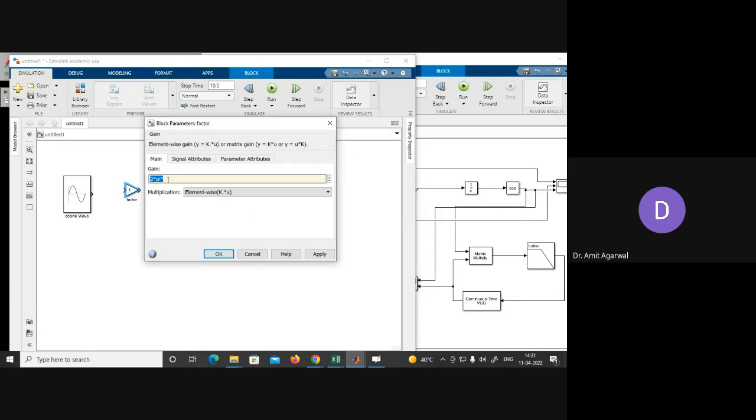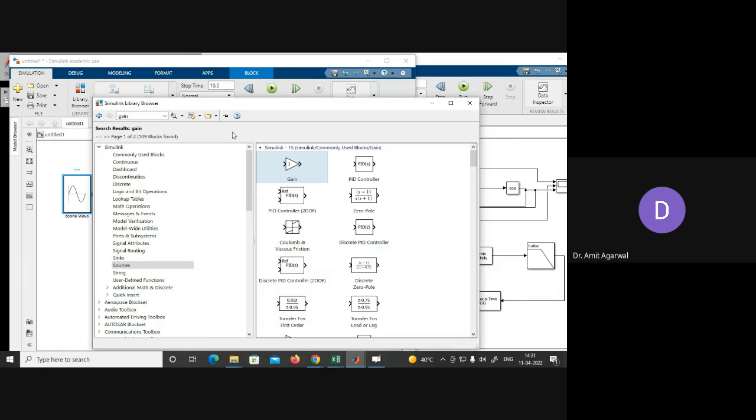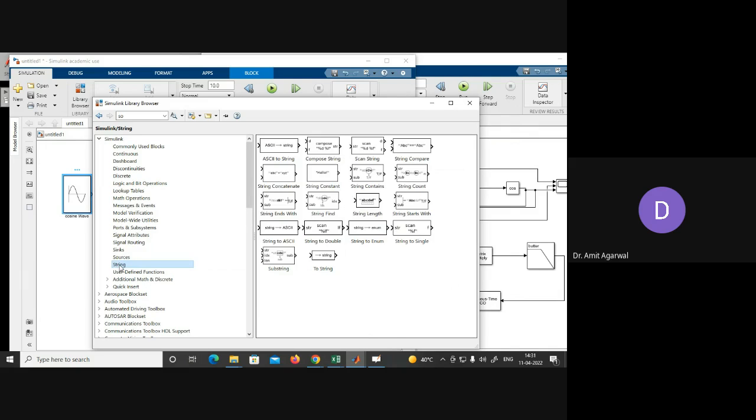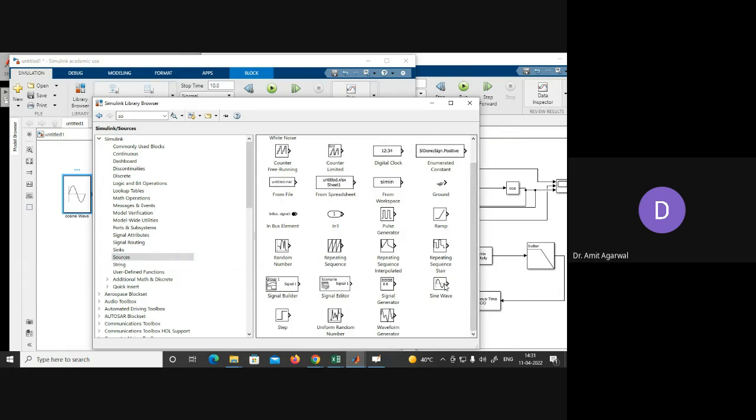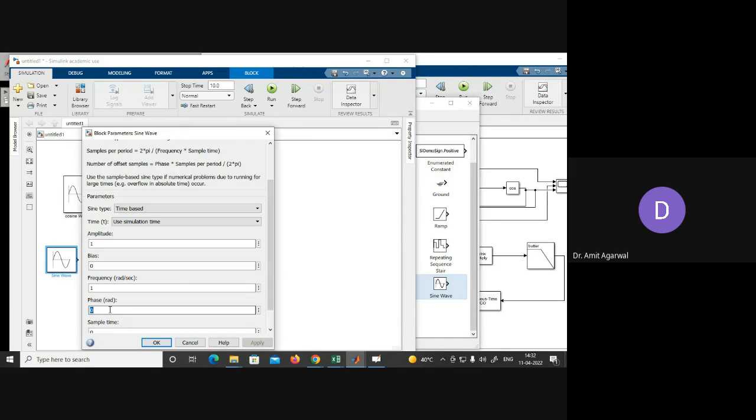2 pi kf, so it will depend on the value of kf. So if we set kf to 50, so this is 2 pi kf, 2 pi kf mt. Now, did I take a wrong wave? One second. We put sine, phase pi by 2.